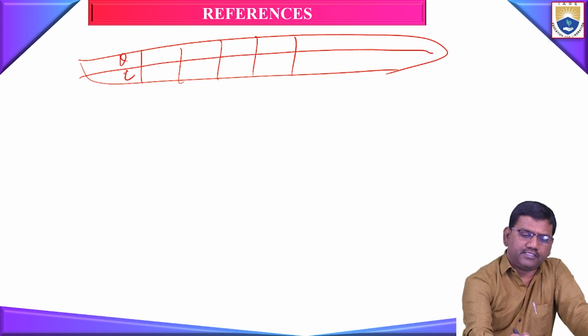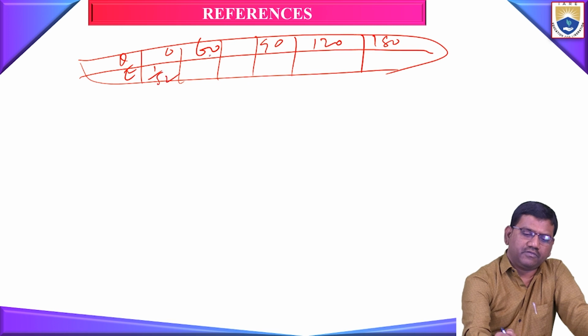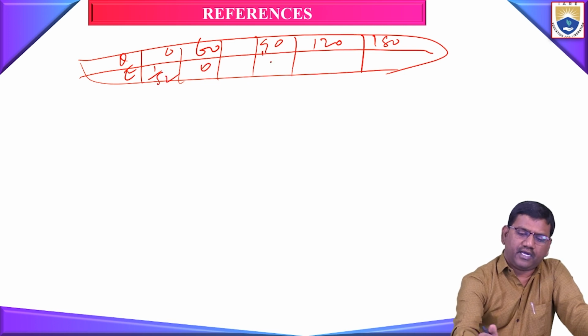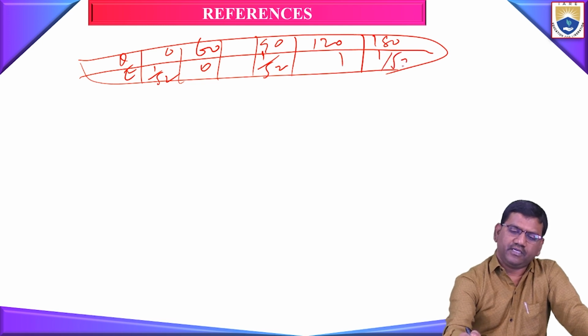Here is theta and this is the E value. So 0, 60, 90, 120 and 180. For these you will get 1 by root 2, 0, again 1 by root 2, then 1, and 1 by root 2.